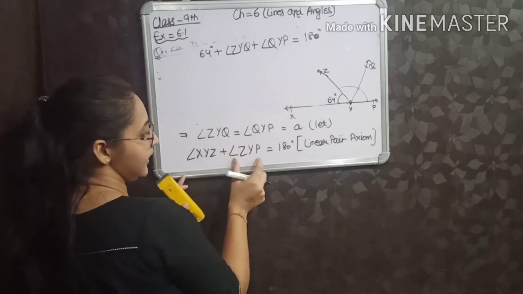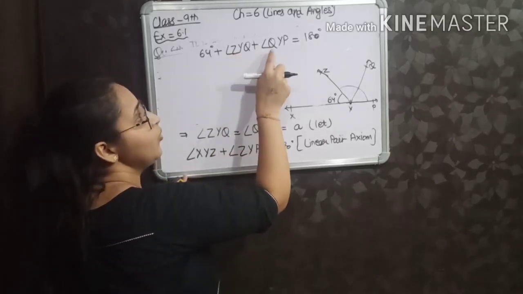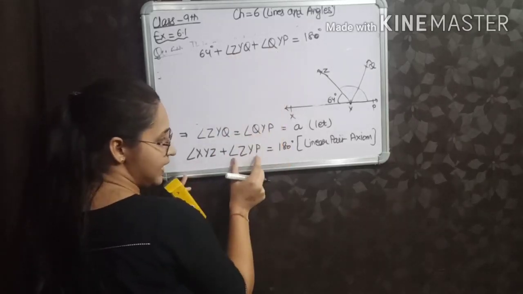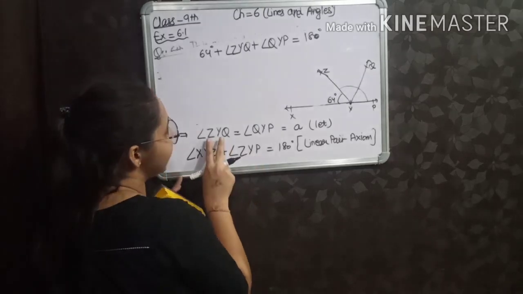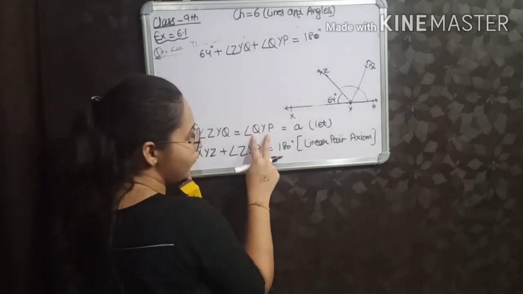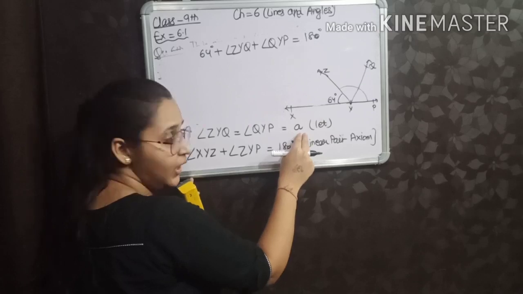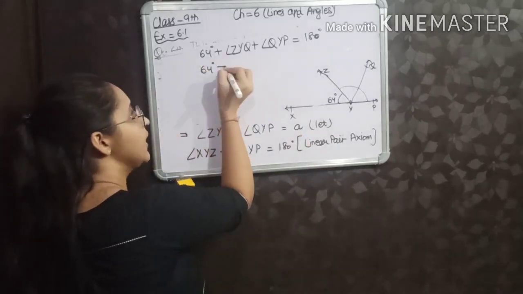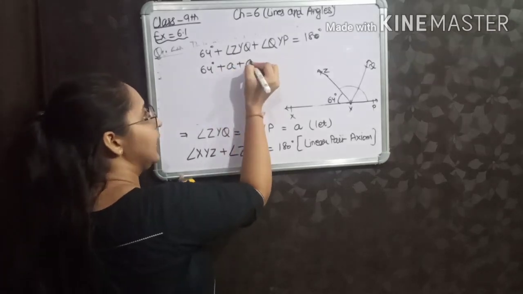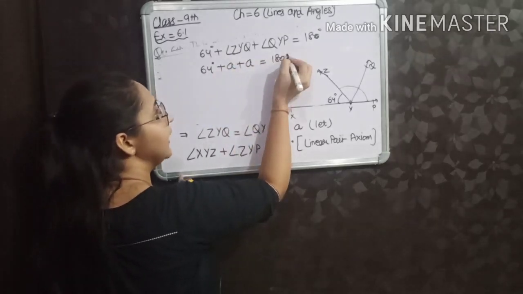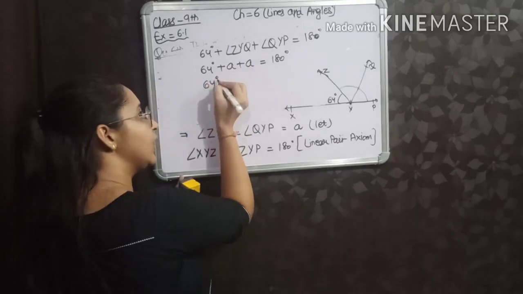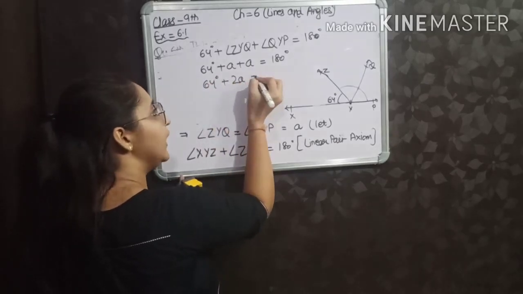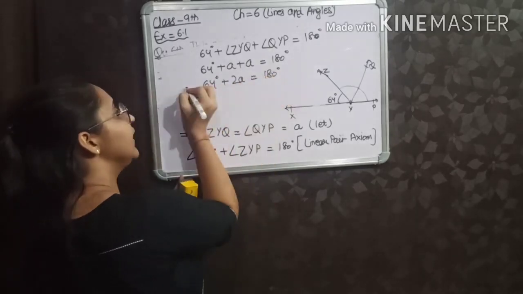I am just writing angle ZYQ plus angle QYP in place of ZYP. Now ZYQ is equal to angle QYP, which is equal to A. So 64 degrees plus A plus A, that is 64 degrees plus 2A, is equal to 180 degrees.